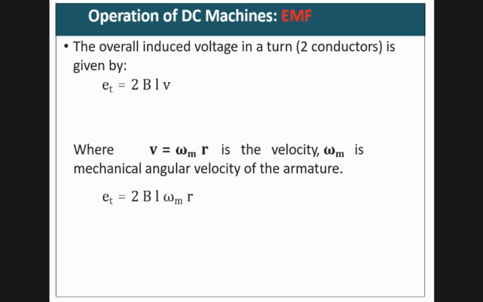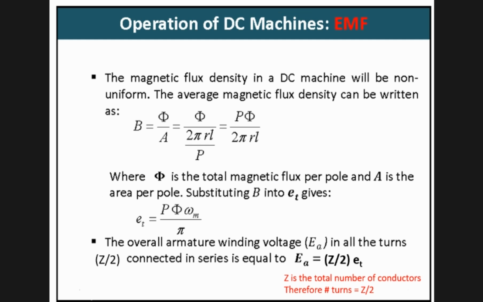Now, the magnetic flux density in a DC machine will be non-uniform.